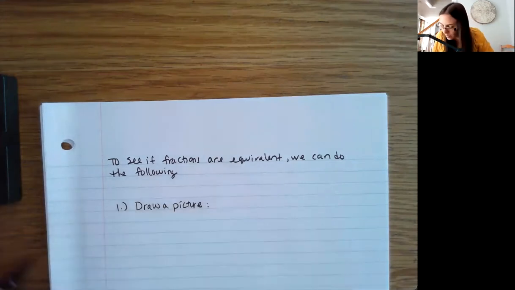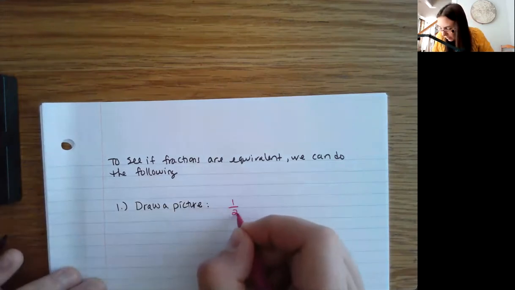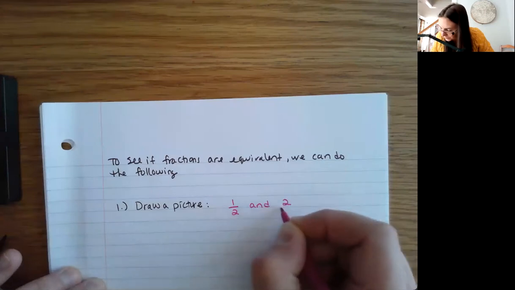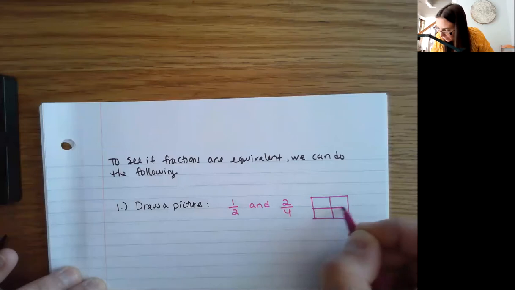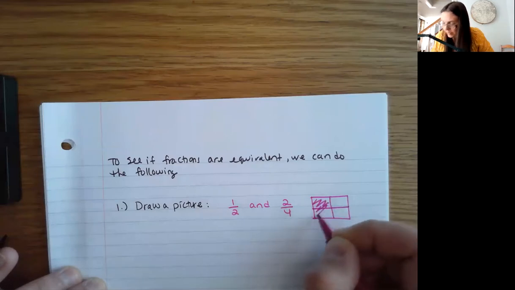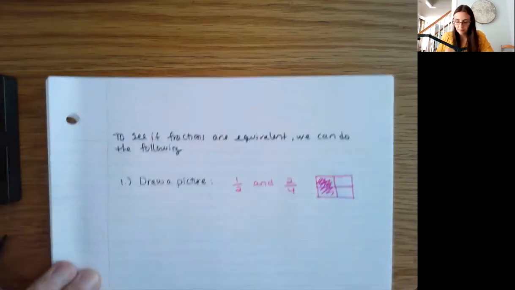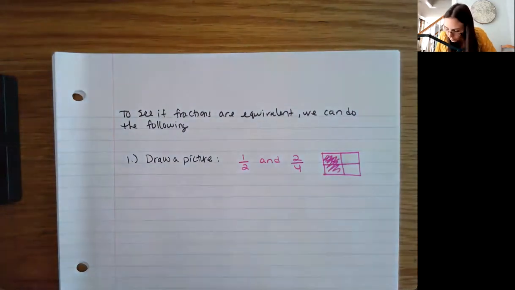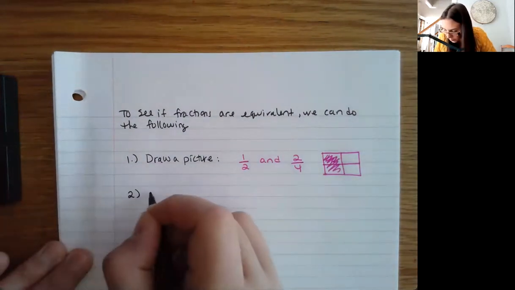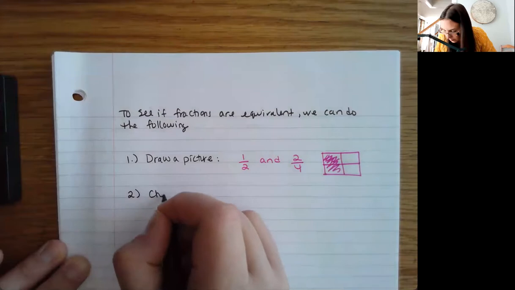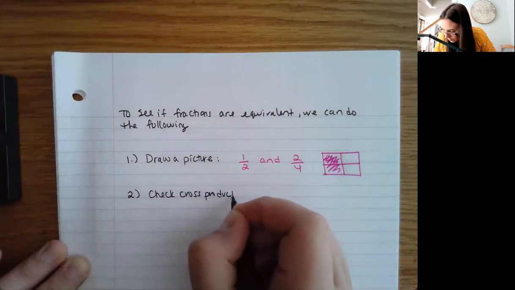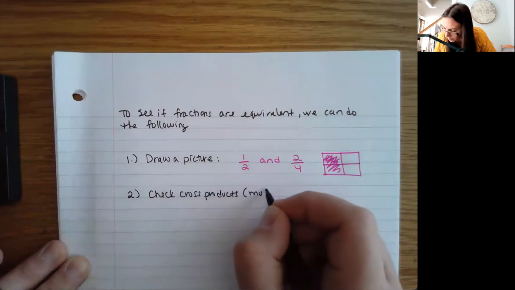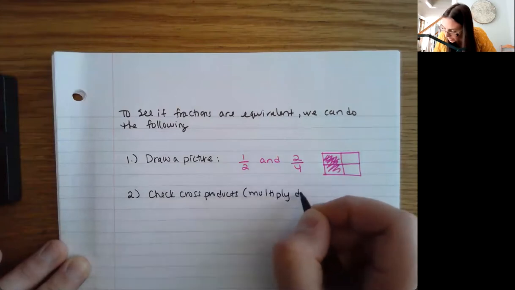So we looked at 1/2 and 2/4, and we were able to see that it's all the same picture, right? So that was the example we just did. The second thing we can do is we can check the cross products. And cross products mean that we're going to multiply across or diagonally.